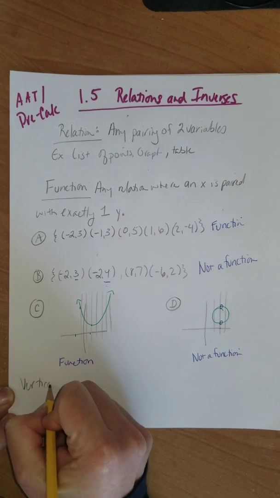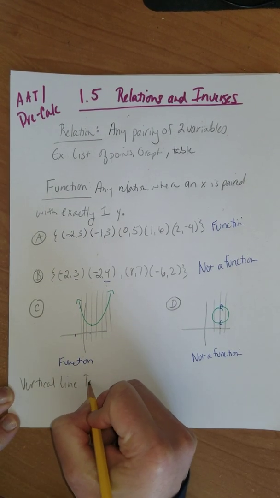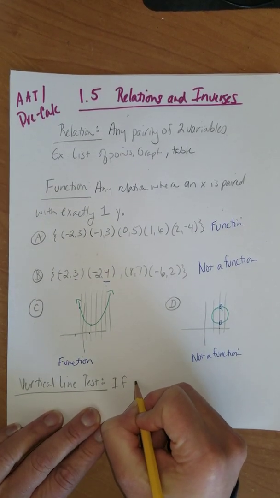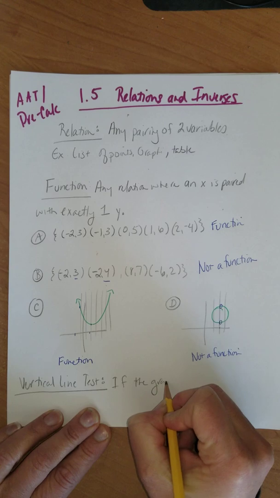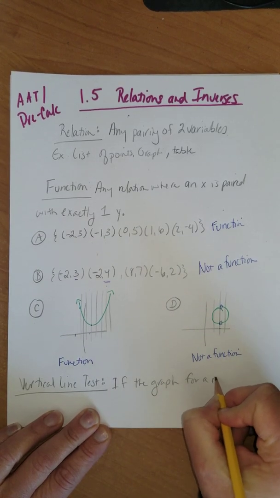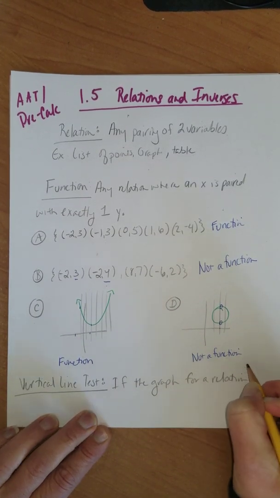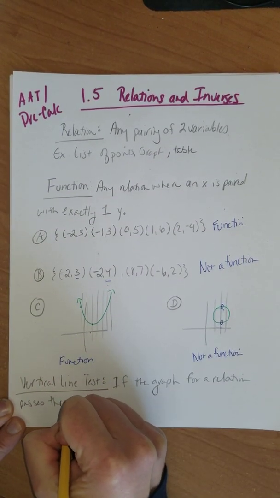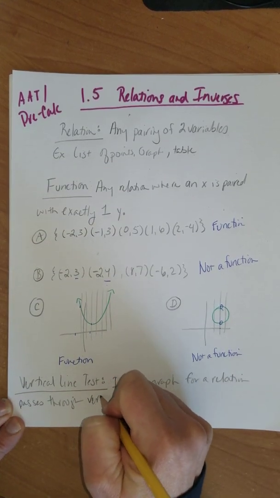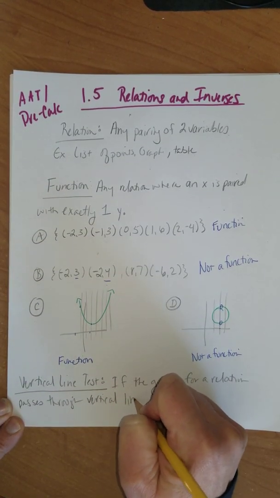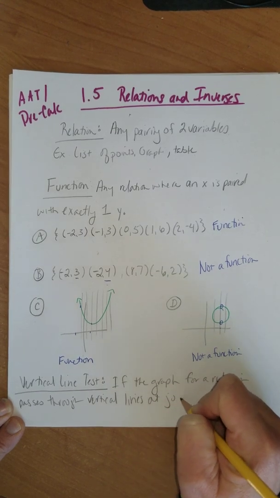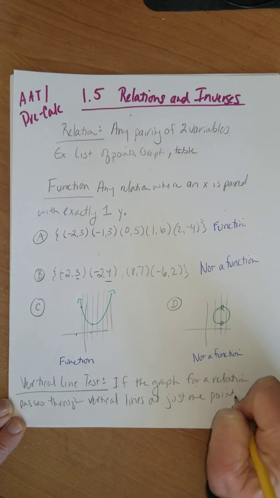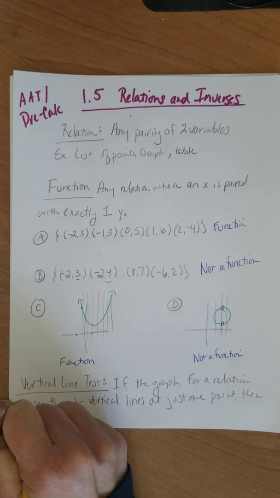So the vertical line test states that if the graph for a relation passes through vertical lines at just one point, like this one right here, then the relation is a function.